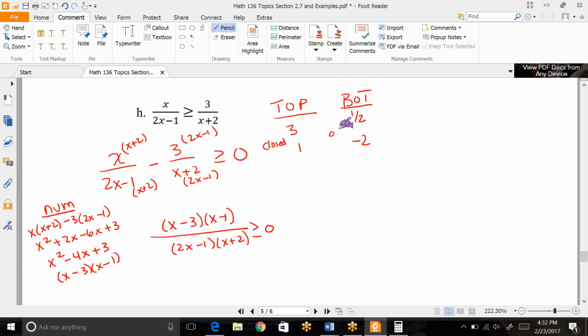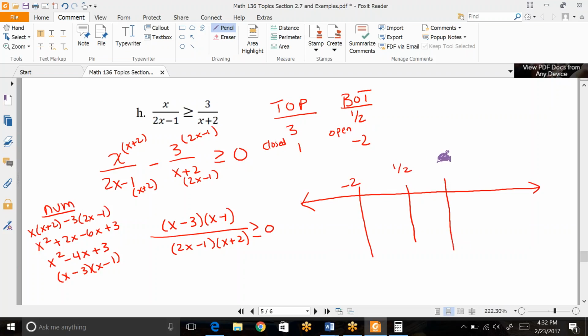Bottom is always open. So then we look at putting these on the number line. Negative 2 is the smallest, then 1/2, then positive 1, and then positive 3. So I have negative 2 is open, 1/2 is open, 1 is closed.